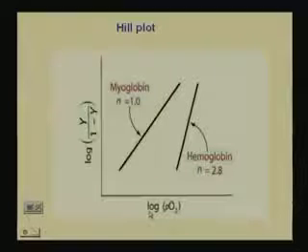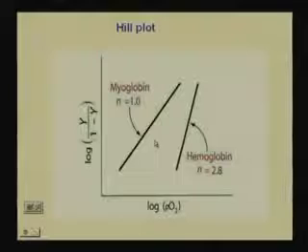Substrate concentration is measured by the partial pressure of oxygen in this case. So, when we have log Y by 1 minus Y, for myoglobin we get N equal to 1, and for hemoglobin we get N equal to 2.8. This is the Hill plot, and these values are called the Hill coefficients.